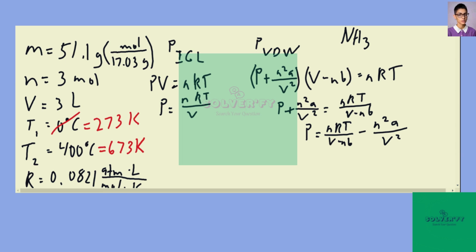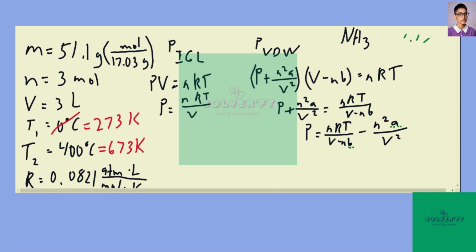So we have everything we need to solve for the ideal gas law. But we're still missing something for the van der Waals equation, that is b and a. In your book, you can look this up. You'll find that a equals 4.17. Oh, I ran out of room to write the units. Here, I'll write this somewhere else.